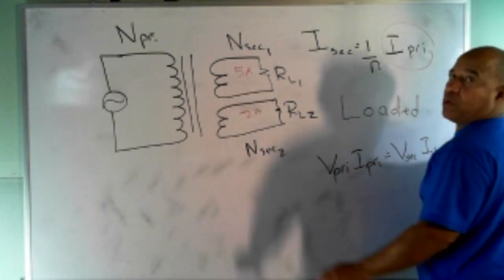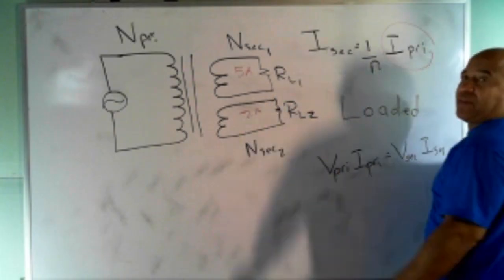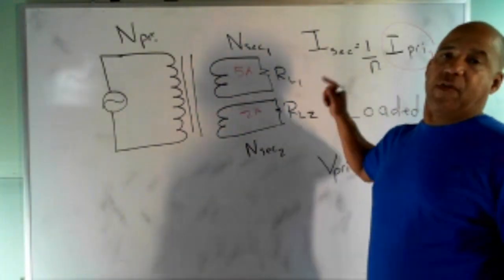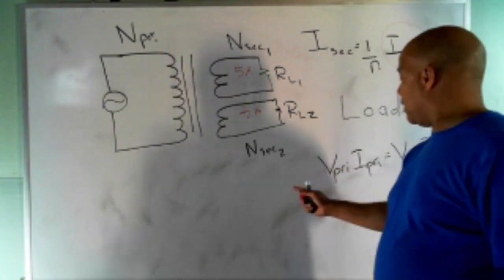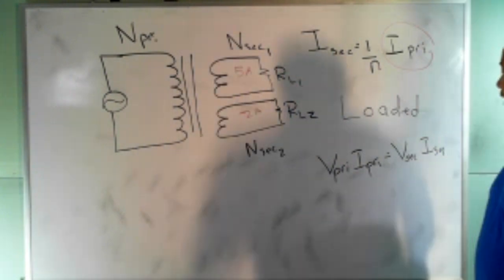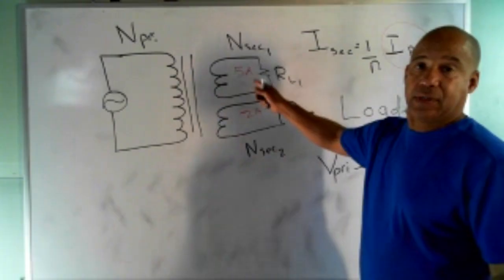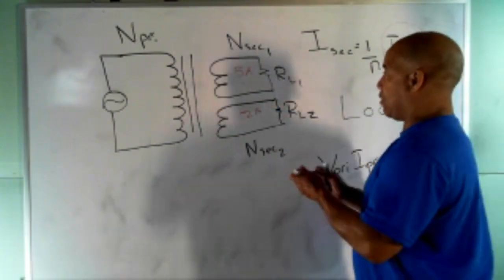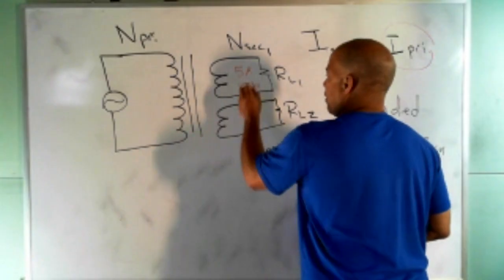Well, that wouldn't work. You can't just add these up and say you have 7 amps. This equation breaks down when you have multi-coil transformers. This one right here never breaks down because it deals with energy, so we don't really care. You cannot add currents like this. But what if I told you you had 12 watts here and 3 watts here?